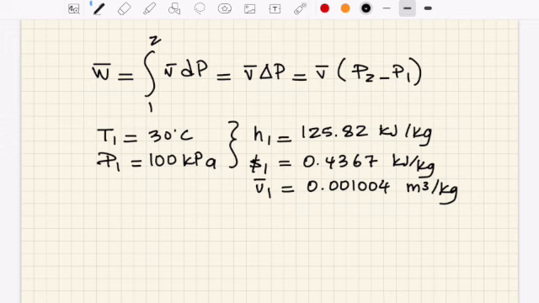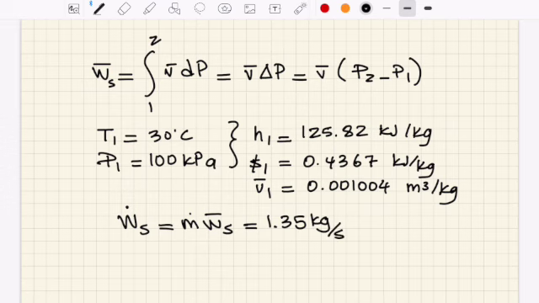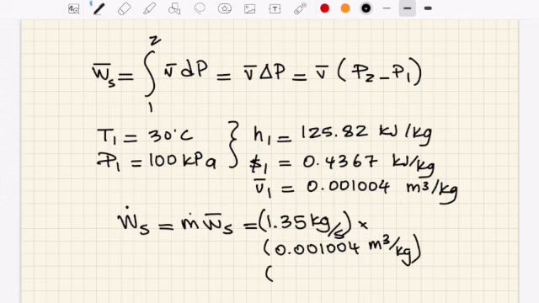Now, in order to find the isentropic power, I need to multiply the mass flow rate, which is given to us as 1.35, times the specific volume times the pressure difference.